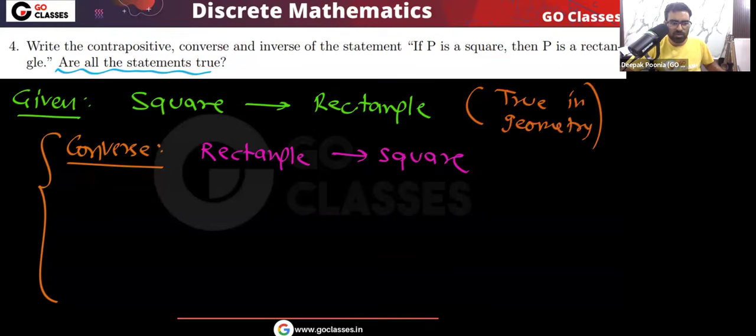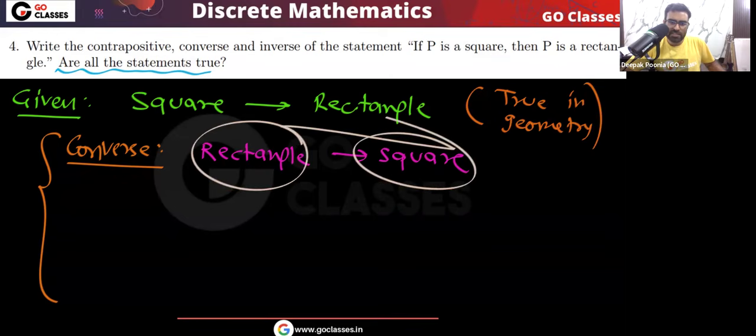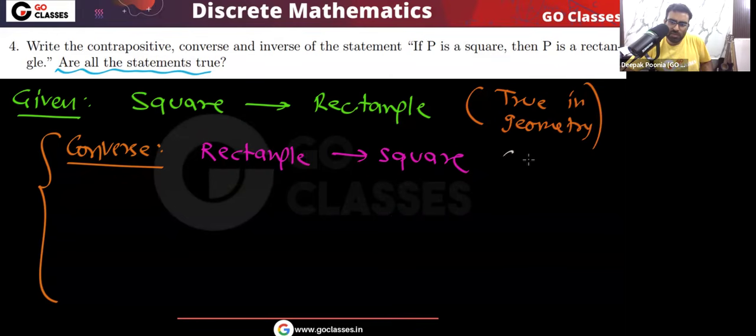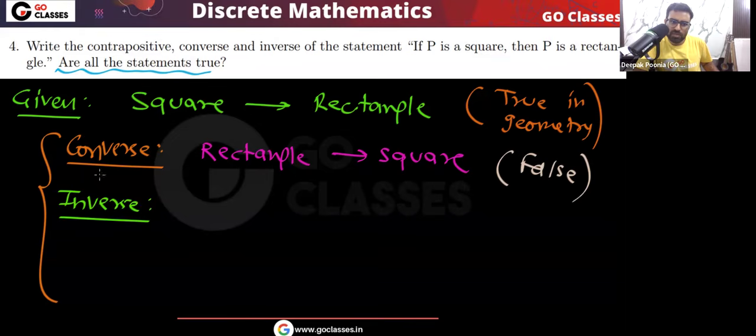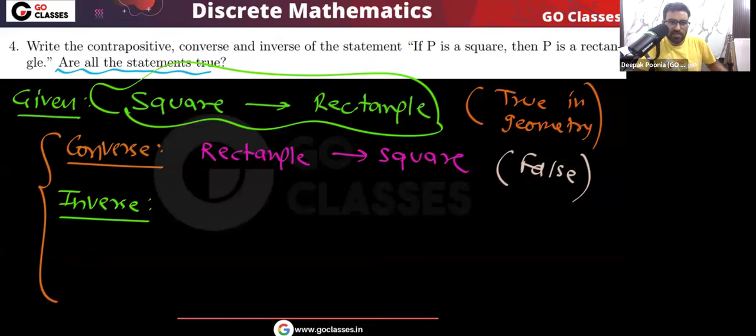Okay. What about this converse? Converse means if it is rectangle, then it is square. This is actually false. Rectangle does not mean it is square. Rectangle may or may not be square. Okay, yes or no? What about the inverse? So the given statement is square implies rectangle.